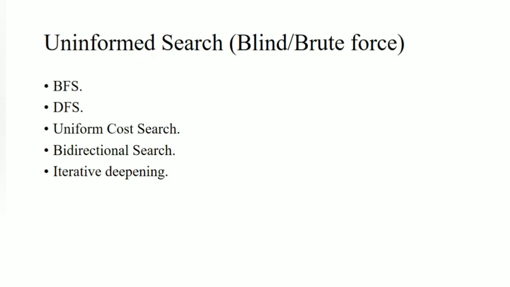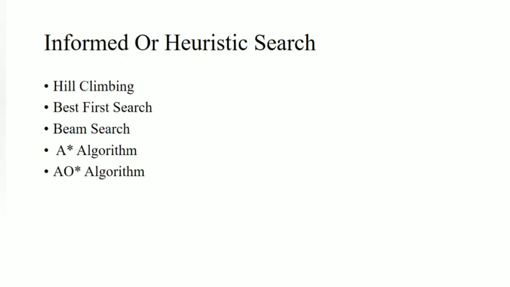So these are the main uninformed searches that we have to see. The next is informed search, or heuristic search, where you are adding intelligence to solve the problem. The main heuristic search algorithms are the hill climbing algorithm and best first search. You are finding the local optimum, right?